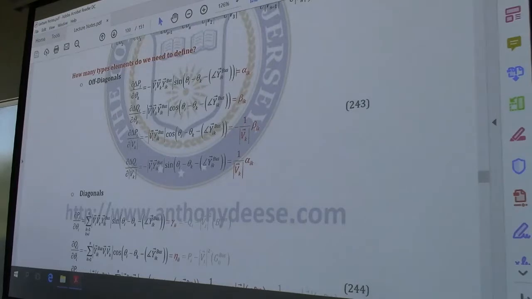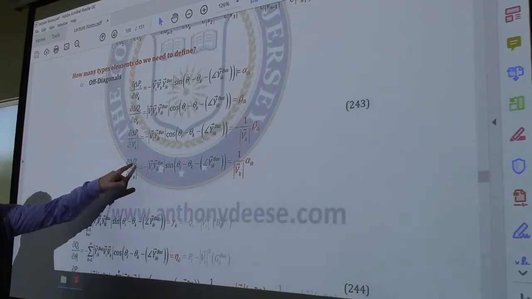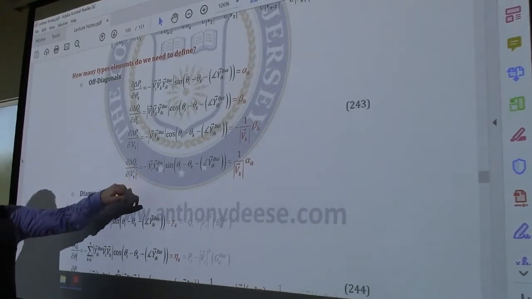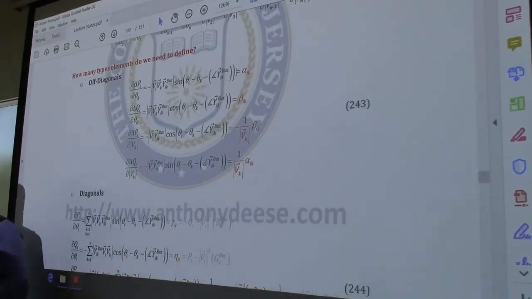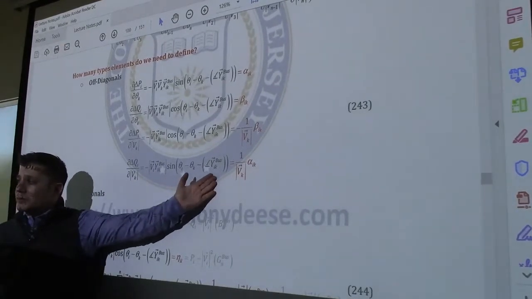Those are the 4 different types. And so let's say you have an off diagonal of dq2 dv3. That means all the i's will be 2's, all the k's will be 3. So all you have to do is plug in the different subscripts. And then you know all these values.